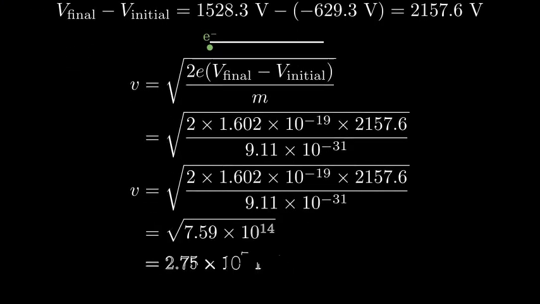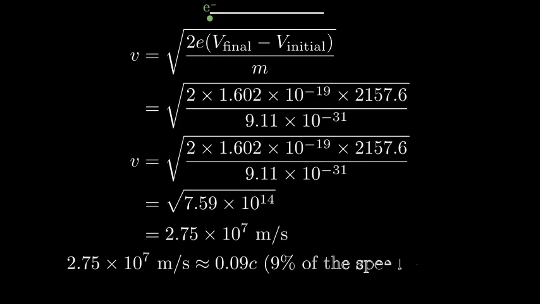Calculating this, V equals the square root of 7.59 times 10 to the 14. V equals 2.75 times 10 to the 7 meters per second.